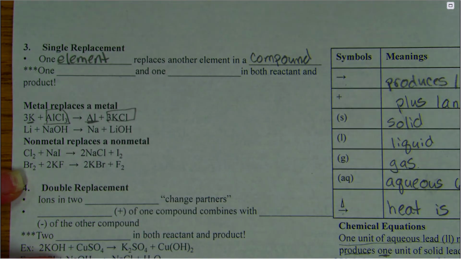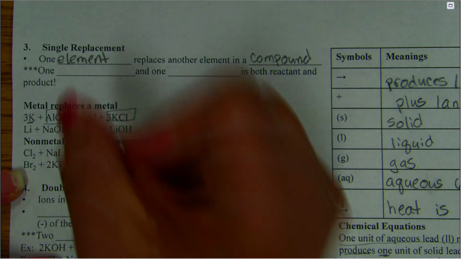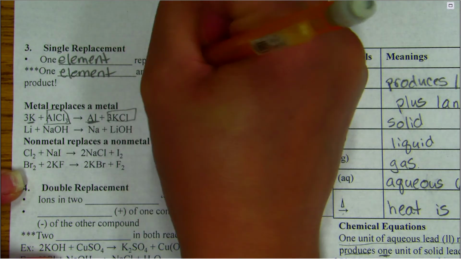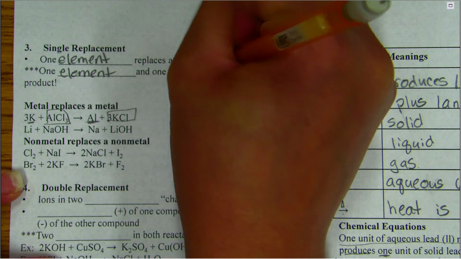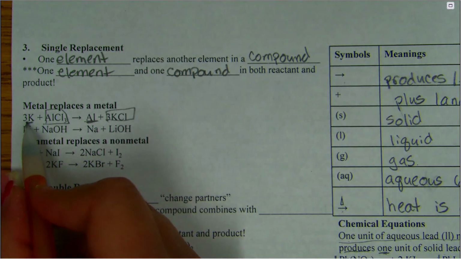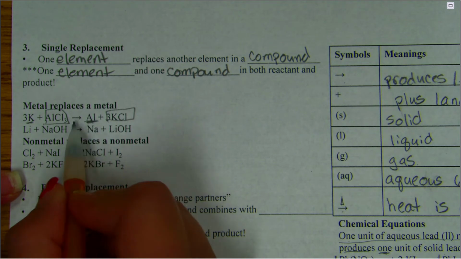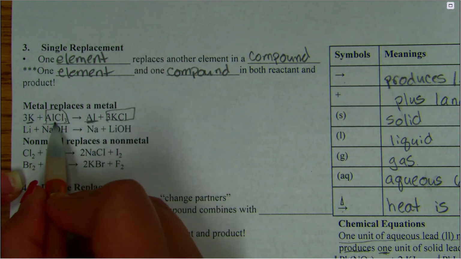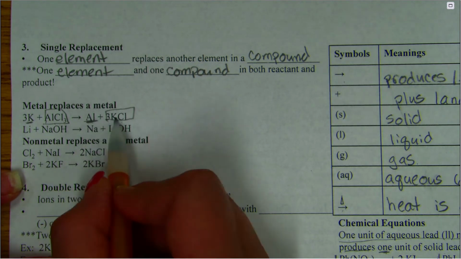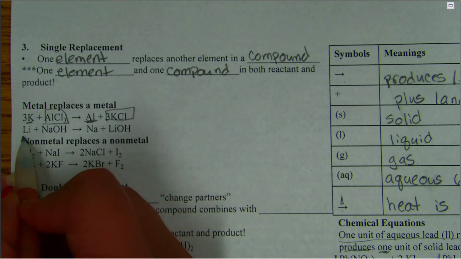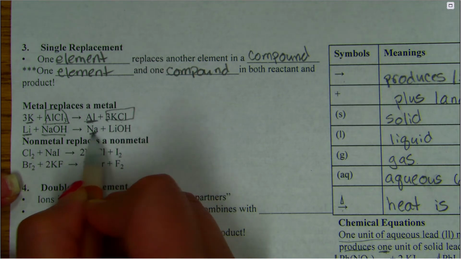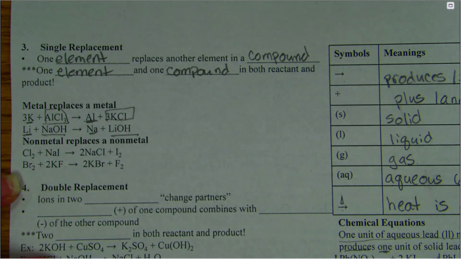So you can determine a single replacement if you have an element and a compound on both the reactant and the product side. Element compound as a reactant, element compound as a product.